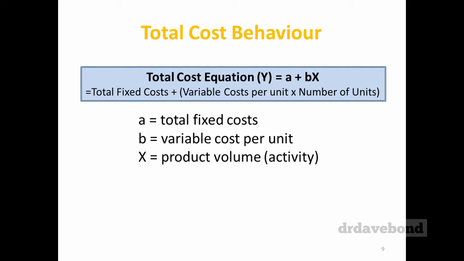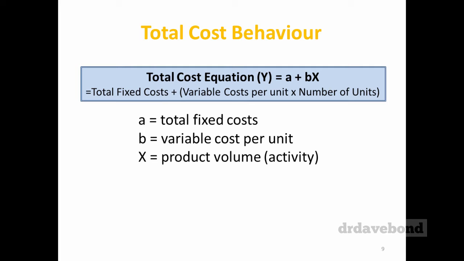So everyone's happy. We haven't done anything really fancy there. It's just gone from profit is revenue minus costs down to profit is revenue minus total fixed costs minus total variable costs. This we can change again: revenue minus total fixed cost minus variable cost per unit times the number of units that you sell.